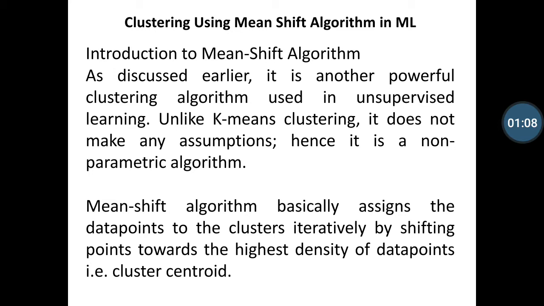The mean shift algorithm basically assigns the data points to clusters iteratively by shifting points towards the highest density of data points, such as a cluster centroid. In our previous lecture, I also defined the cluster.